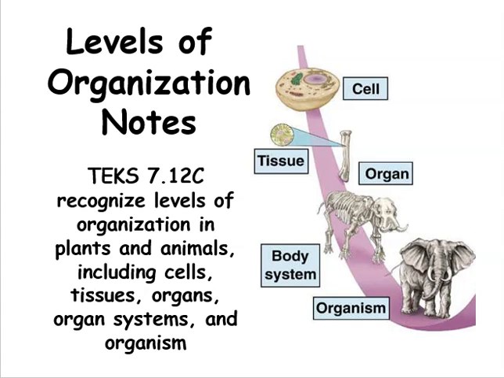And groups of those make up bone tissue. An organ could be just one bone there, like say the femur. And then groups of organs make up an organ system, in this case the skeletal system of that elephant. And then finally, groups of systems make up the organism.